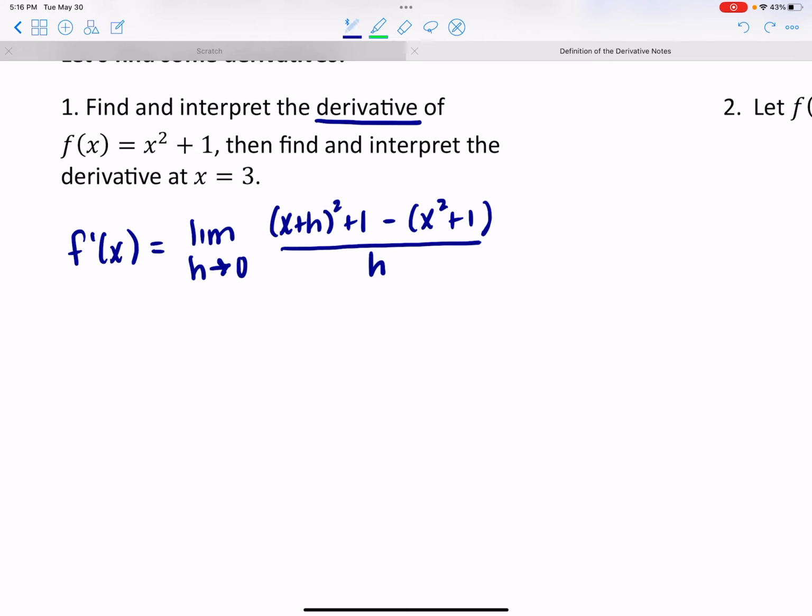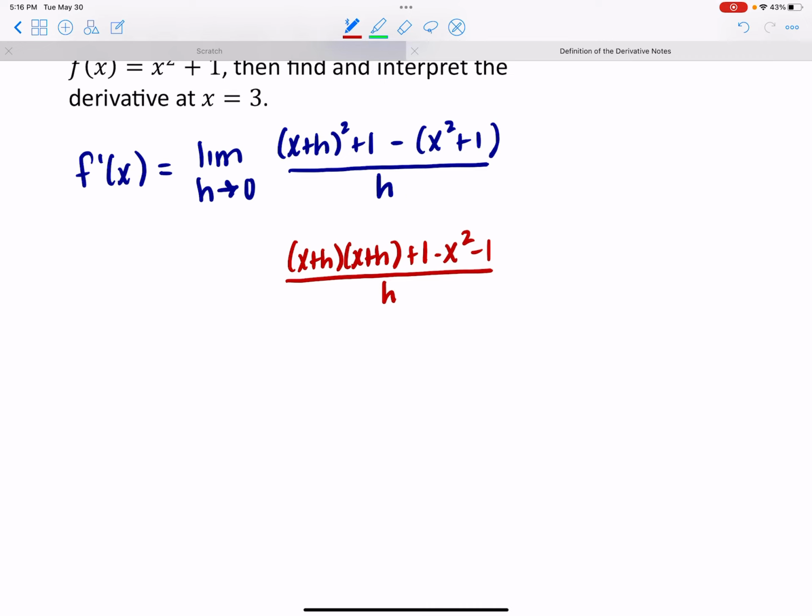So I'm going to change colors here. I don't want to rewrite this limit notation every time. So I'm just going to work on simplifying my difference quotient. So we have (x plus h) squared plus 1, and I'm going to distribute the negative here. So that's going to give me a negative x squared and a negative 1. And again, this is all going to be divided by h.